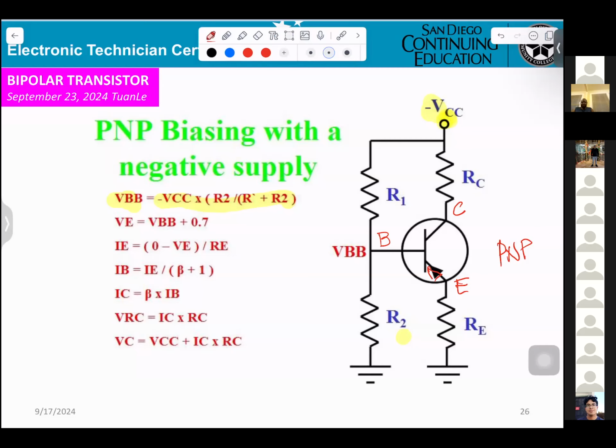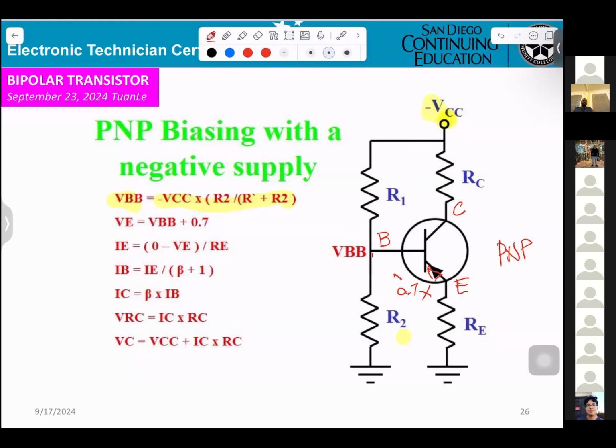So if you want to calculate the VE, VE means from here to the ground. They said VE equals VBB plus 0.7. You understand it? This diode is on. Positive here, negative here, 0.7.